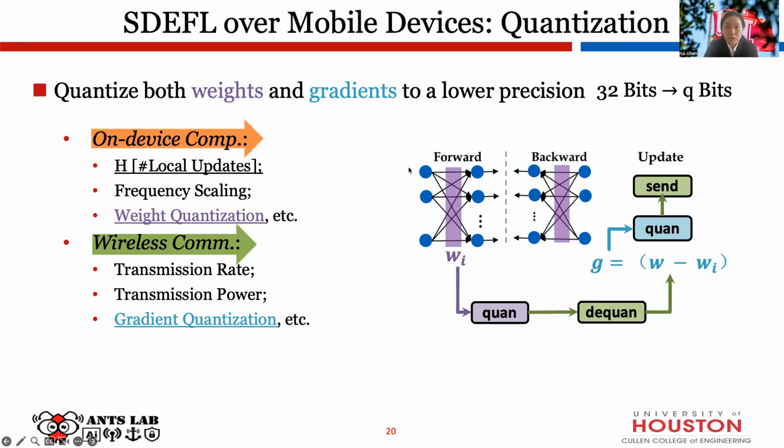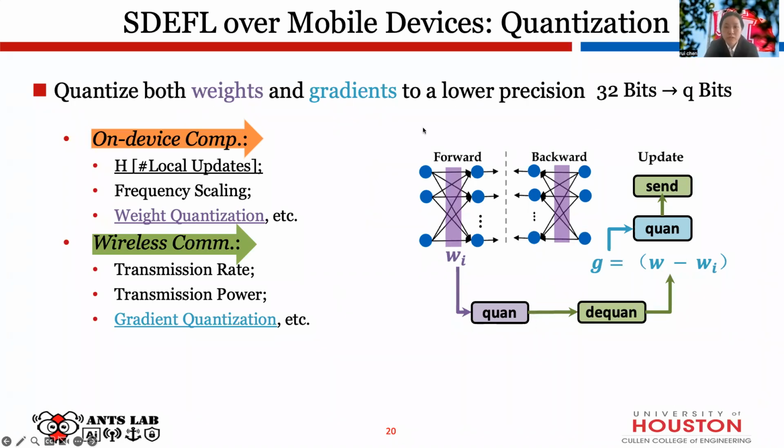When you do the local computing, it can speed up the computing delay because we are using fewer bits for the computations. The memory space can also be reduced since the data is stored with a low bit width. Also, before we send the model update to the server, we first quantize the gradient so we can reduce the data size, and correspondingly the service delay will be reduced.